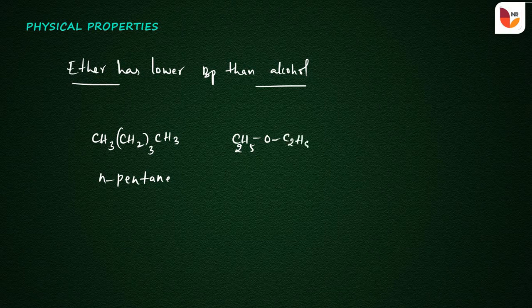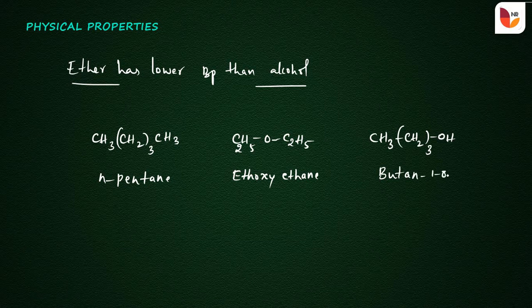It is called ethoxyethane. And let us take an alcohol having a similar molecular mass, that is CH3, CH2 three times, and OH. So 4 carbon atoms, it is called butan-1-ol. All these compounds have similar molecular mass.